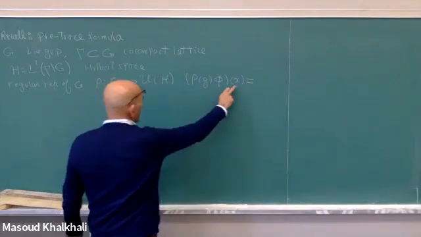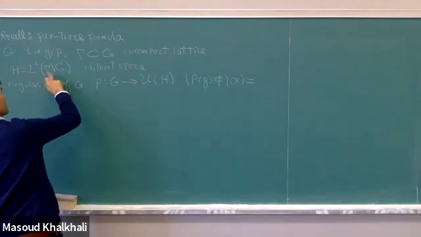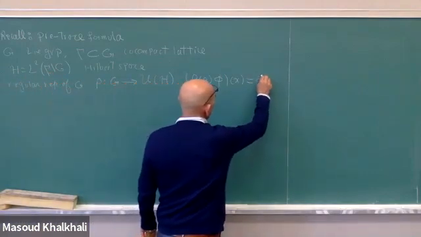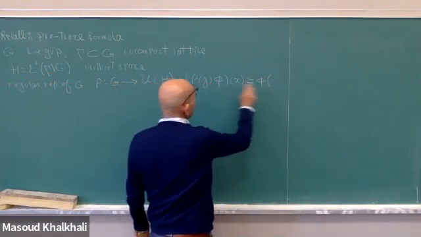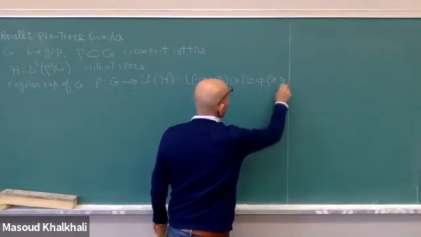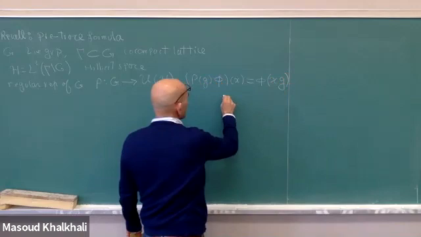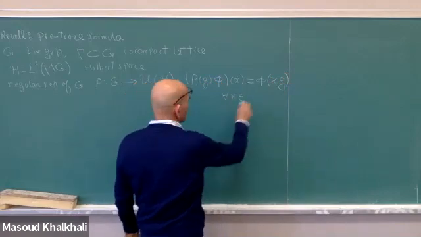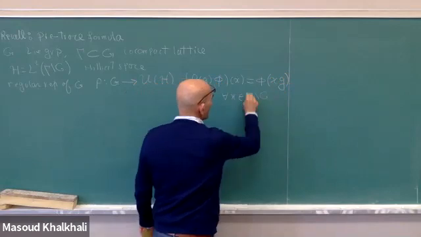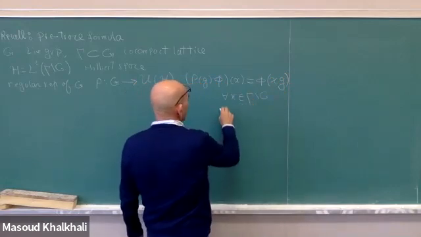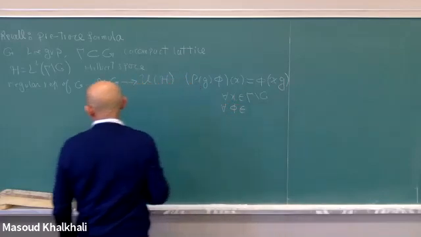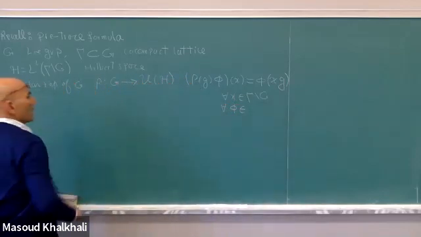So if x is a class, the coset here, then this is going to be phi of xg, for all x belonging to G mod gamma, and for all phi belonging to this Hilbert space H.